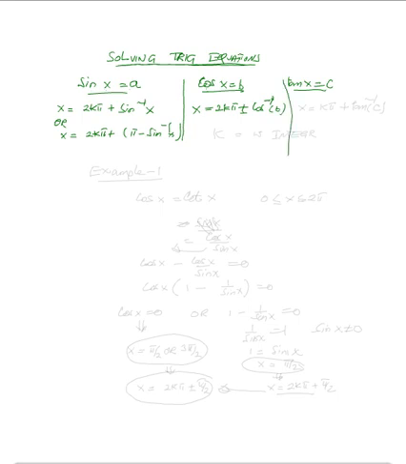In the case of tangent, the solution is x equals k pi plus tan inverse of c. We are not going to go over the derivation of this. If you need to know how it was derived, please refer back to my discussion about solving basic trigonometric equations. In all three cases, k should be understood as an integer.